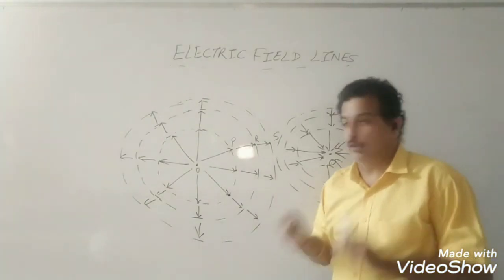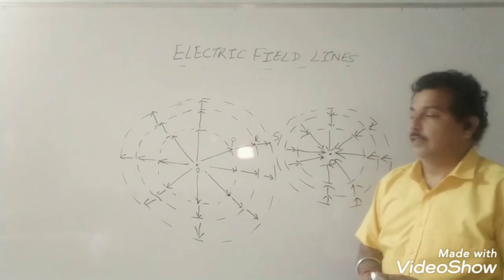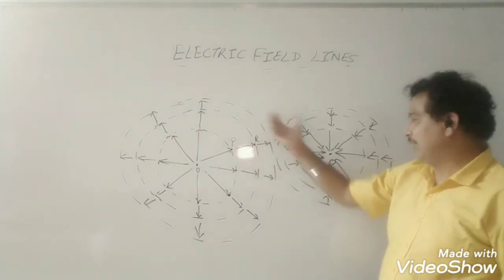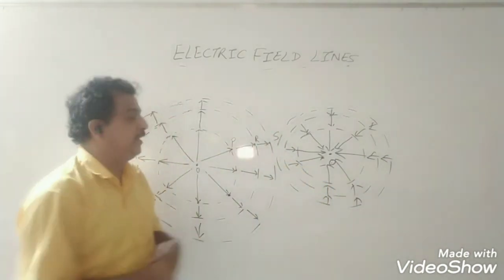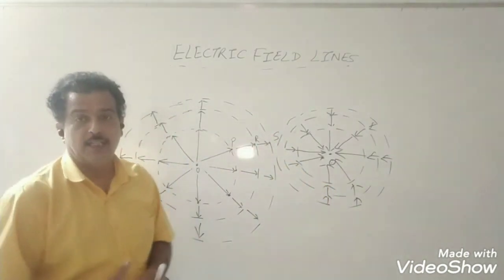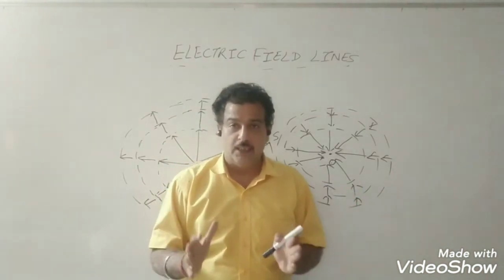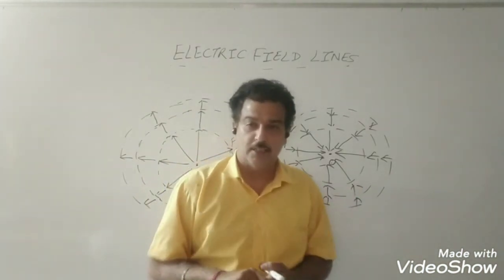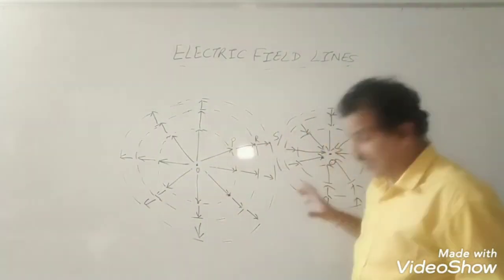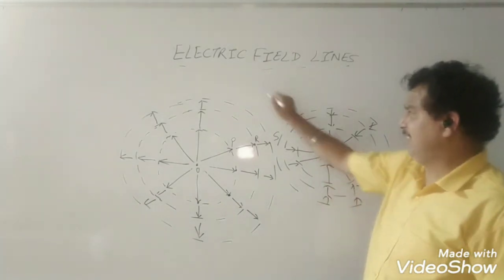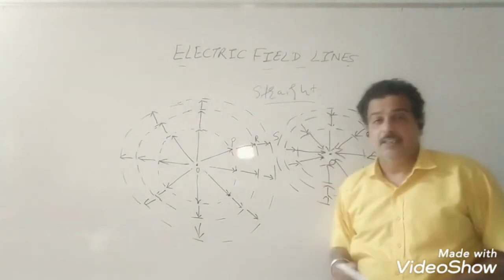If at a particular point the field lines are emerging, then the source is positive. If they are entering, we call the source charge negative.